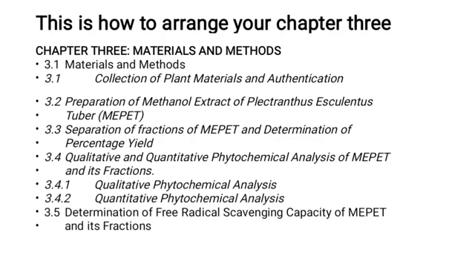The next one is 3.2, which is preparation of the aqueous extract, how you prepared the extract that you worked on. And you talk about separation of fractions, qualitative and quantitative phytochemical analysis, and determination of free radicals. So this is how you arrange your methodology.